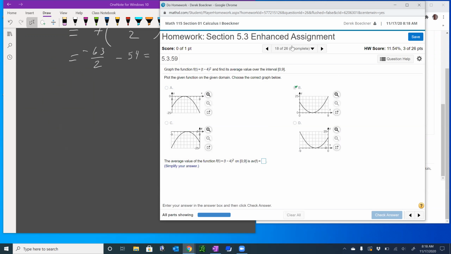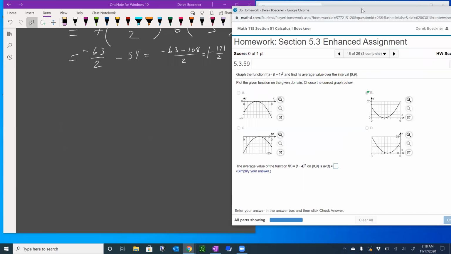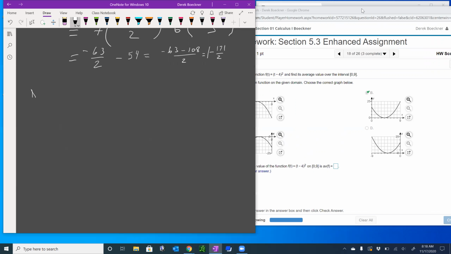And we want to find the average value here on the interval from 0 to 9. So I want to find the area under that and then divide it by 9. So the average value of f from 0 to 9, we'll write it that way.